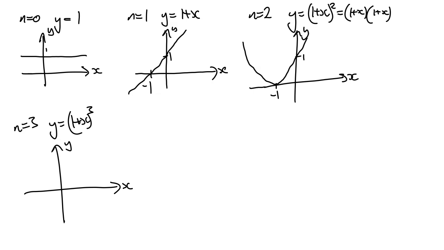When x equals 0, y equals 1. And when y equals 0, x equals minus 1. So you should know the general shape of a cubic graph. So I'll just draw the shape on, and then I'll draw the crossing points on afterwards. So it comes up like this, hits the x-axis, and then goes up like this. So something similar-ish to this.